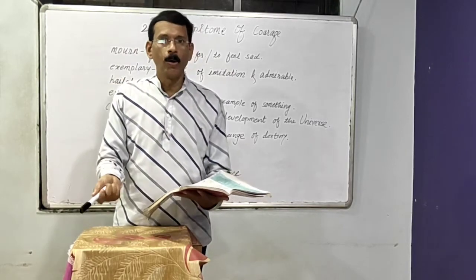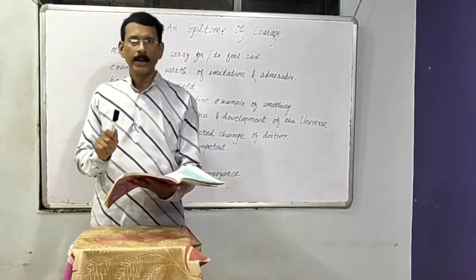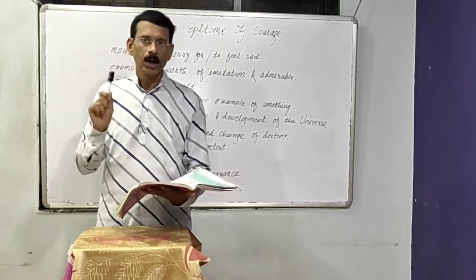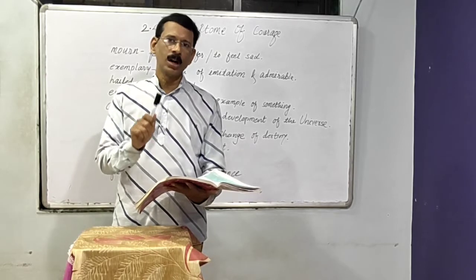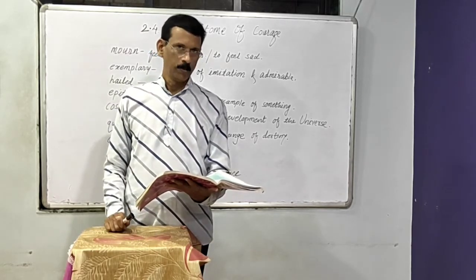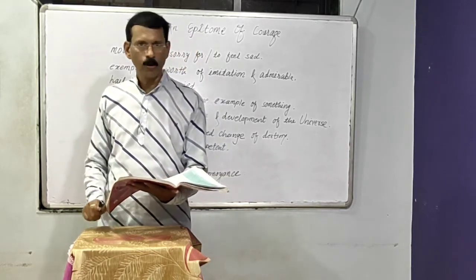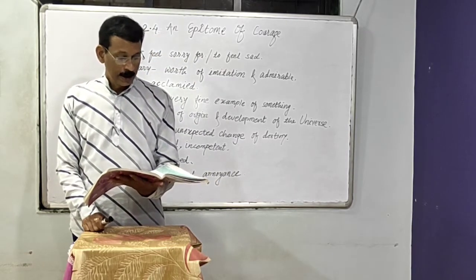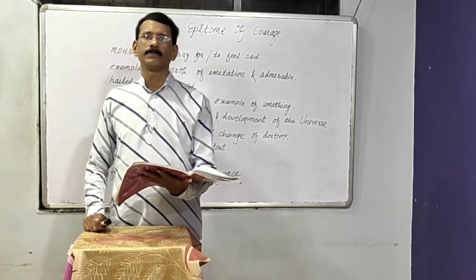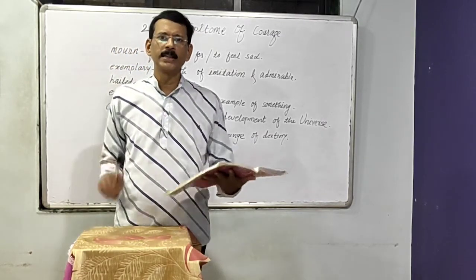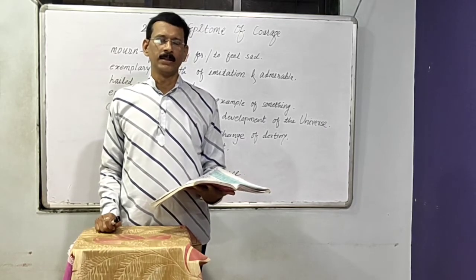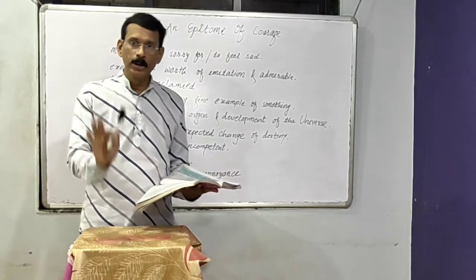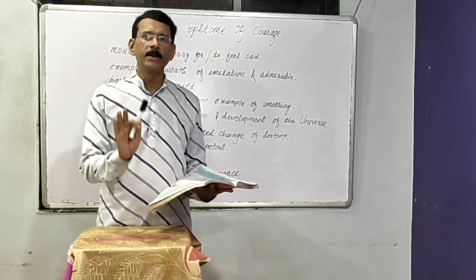In spite of suffering from a very rare and dreaded disease, Dr. Hawking continued his research undaunted. Means Dr. Stephen Hawking was suffering from a very rare and dreaded disease, means a very fearful disease. Friends, Dr. Hawking was suffering from a very dreaded disease, fearful disease, and still he did not hide himself behind that.